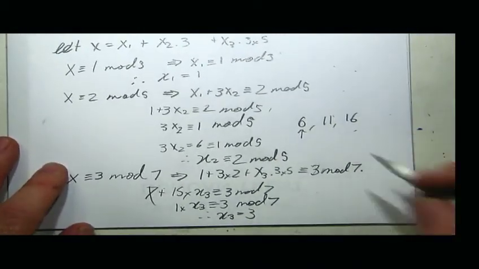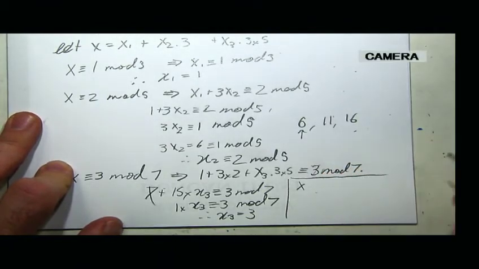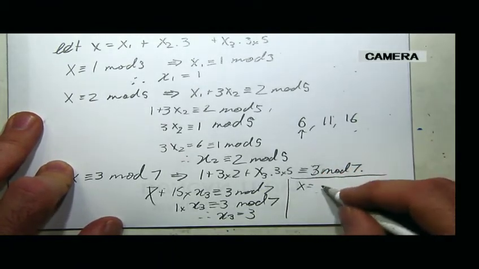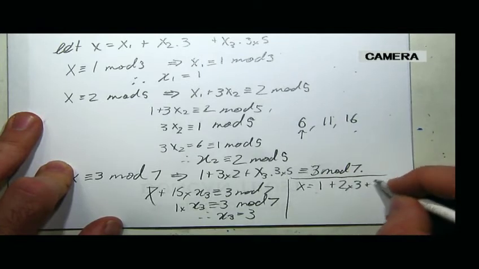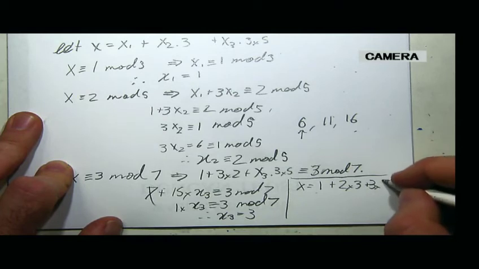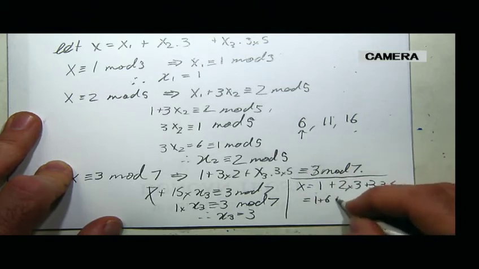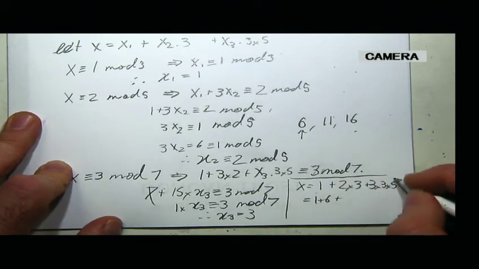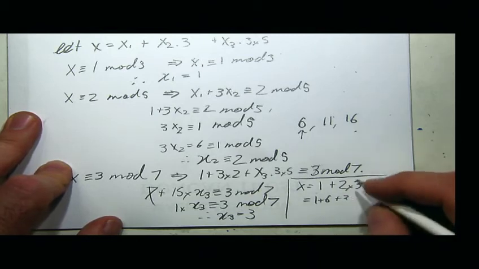So ideally I'd like to finish this here, and so my x is equal to 1 plus 2 times 3 plus 3 times 5, which is going to be 1 plus 6 plus 3 times 15, which is 45.